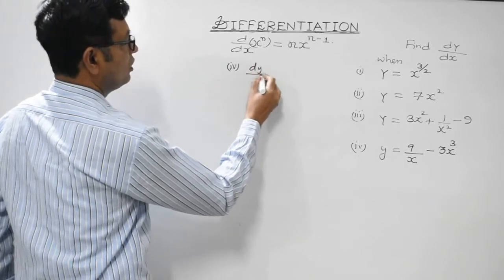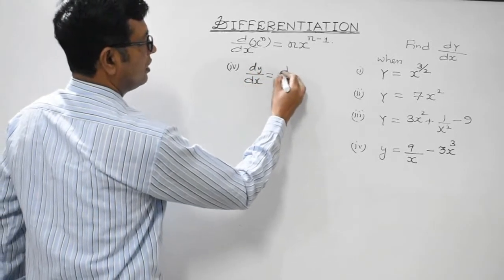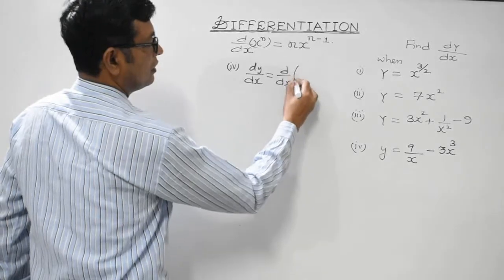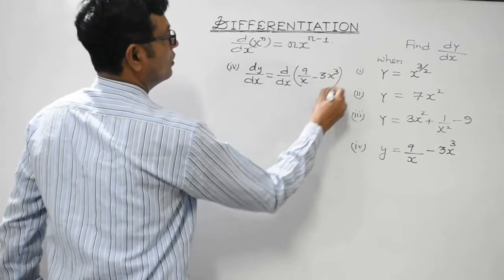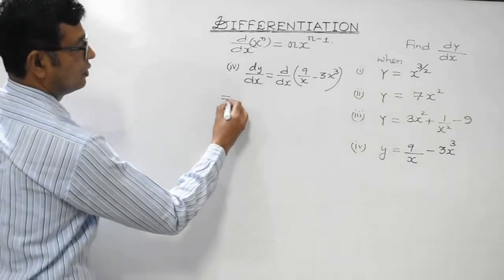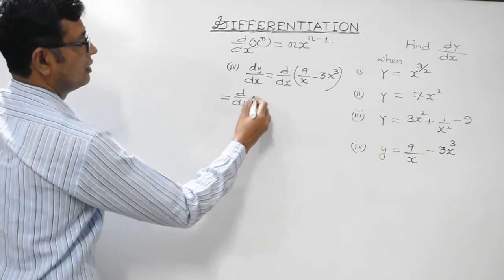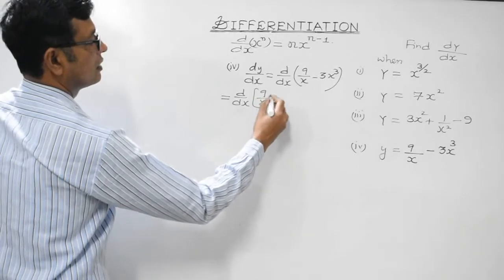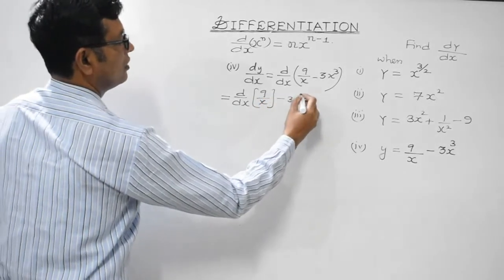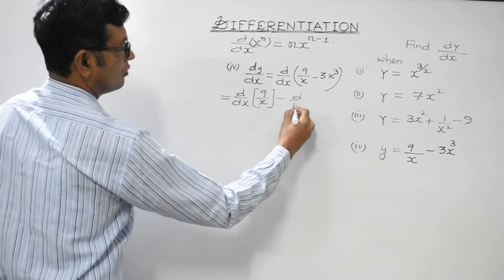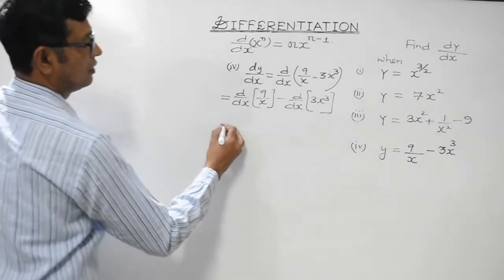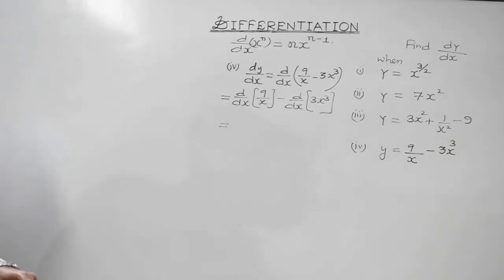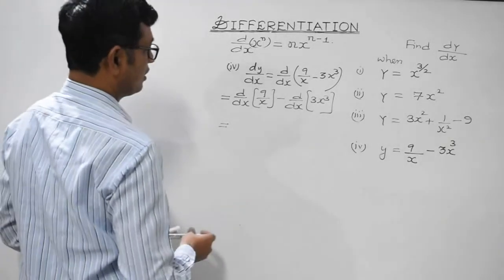So differentiating both the sides with respect to x, what do you get? d by dx 9 by x minus 3x cube. Okay. So let's open the bracket, 9 by x minus 3, or we'll do that in the next step, 3x cube, right? Let's keep on solving it and let's see what we get.